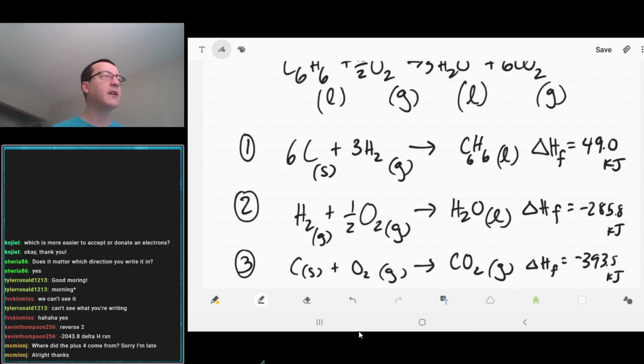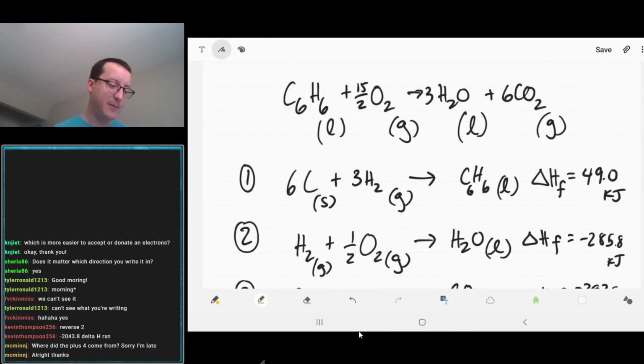Back to this. So all I've done is plug in the numbers that we got from the table. And so just like before, we are going to now take a look at our reactions and see what we need to do to make them work. Alrighty, so looking at benzene here compared to the combined equation versus the first one, looks like we're going to need to reverse this, because we want benzene to be a reactant.